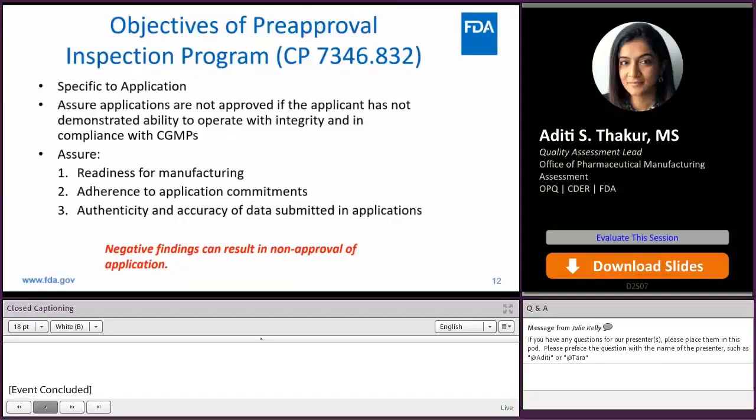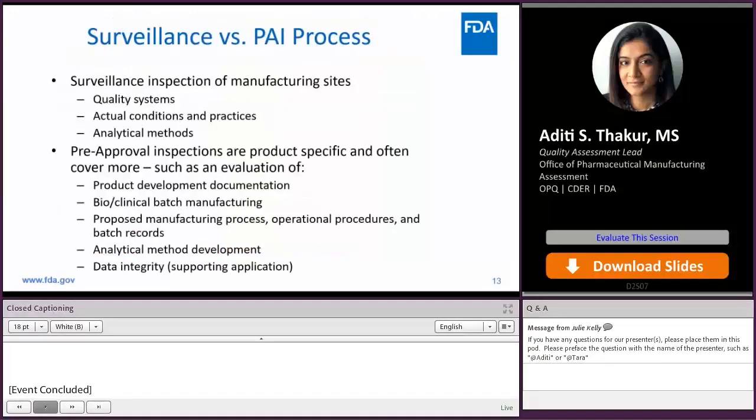Therefore, the objectives of the pre-approval inspection are to assure that the firm is ready for commercial manufacturing, adhering to the application commitments. This also includes the data integrity audit of the data submitted in the applications. Any negative finding for any of these stated objectives can result in non-approval of the application.